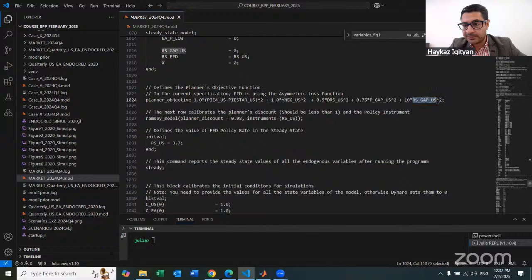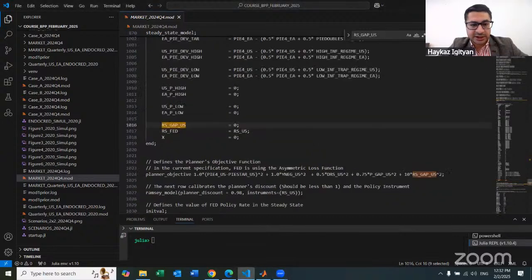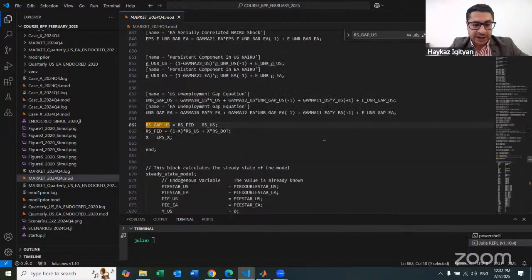Okay, and let's find that. What is this? RS gap. We are saying that we also minimize RS gap. And RS gap is a difference between RS Fed here and RS US. Okay.